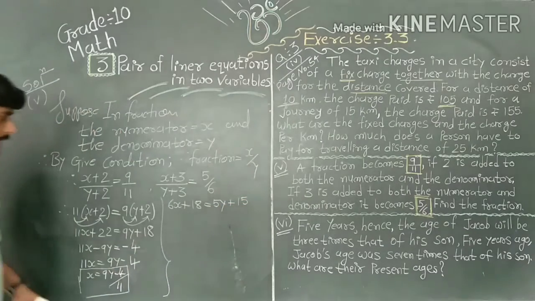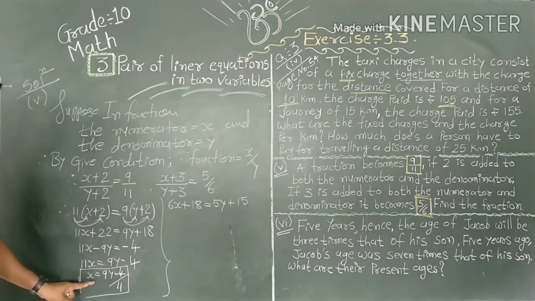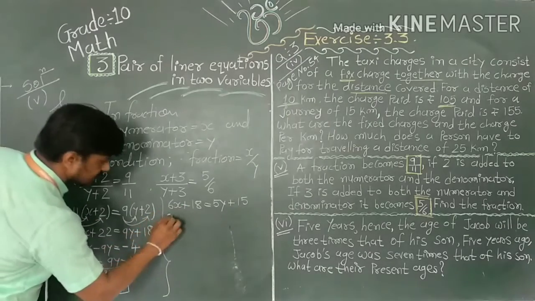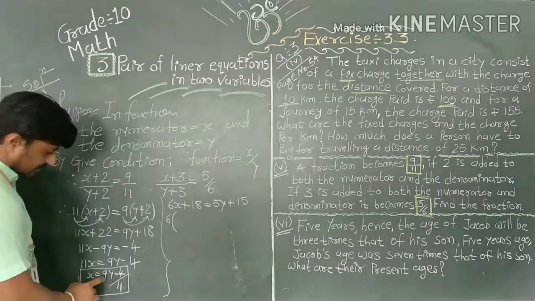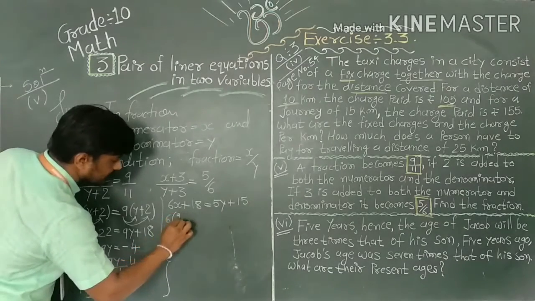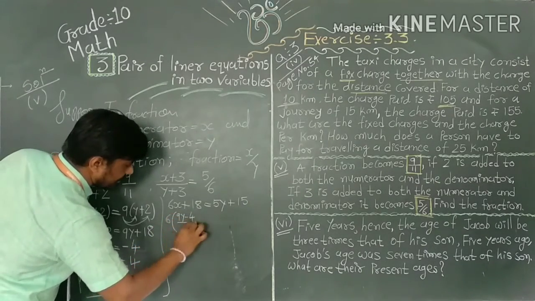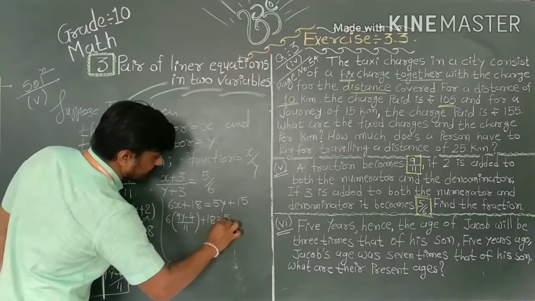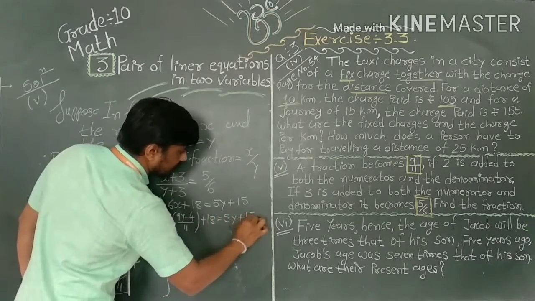Okay, now we put this value in this equation. What is the value of x? 9y minus 4 upon 11. So 6 times (9y minus 4) upon 11 plus 18 is equal to 5y plus 15.